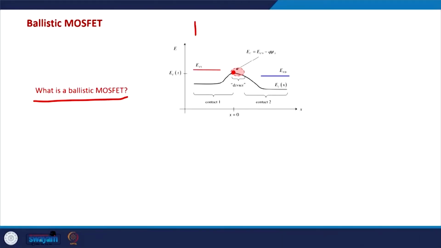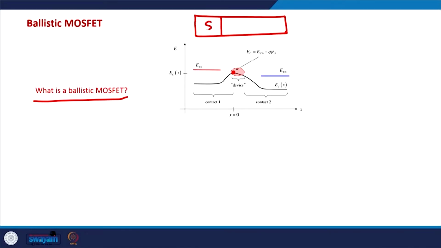But please remember that the source and the drain regions are large, and no scattering in the channel does not mean that there is no scattering in the source or in the drain. So essentially this is how it looks.